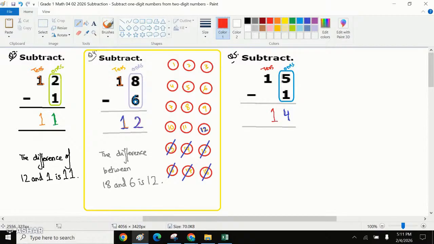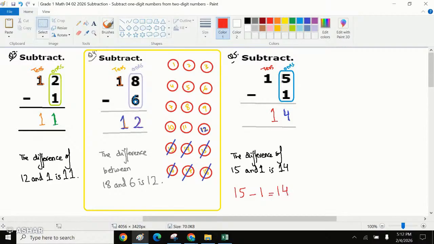That means we can say the difference of 15 and 1 is 14, okay, or we can say 15 minus 1 would be equal to 14, right?